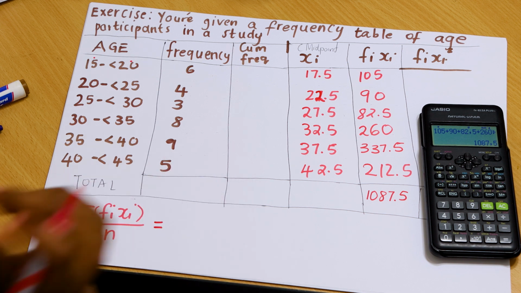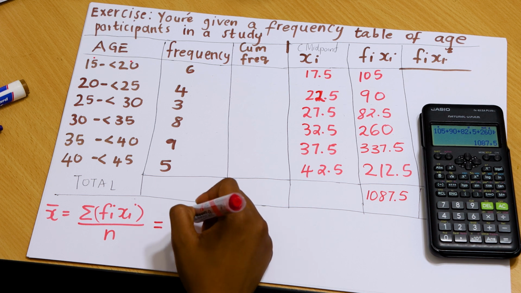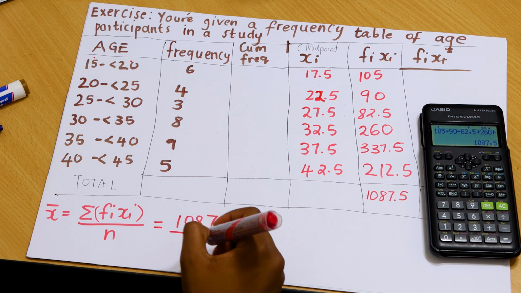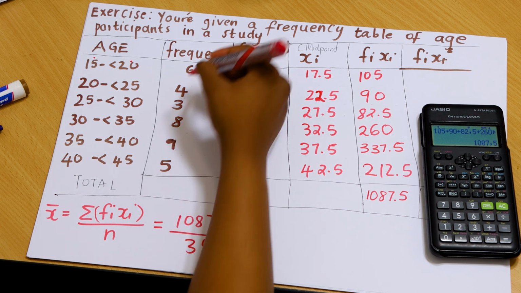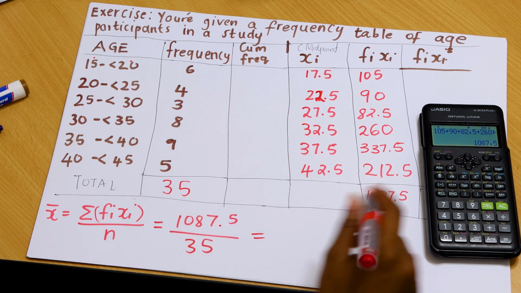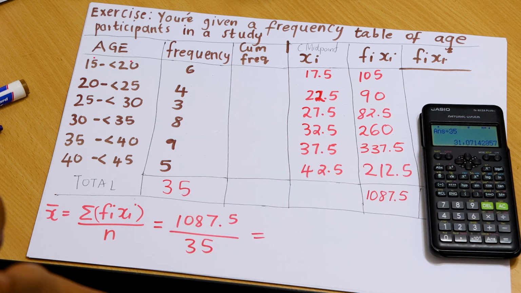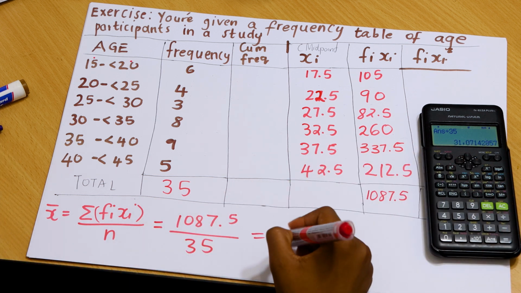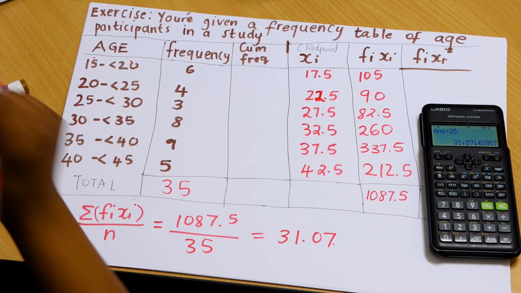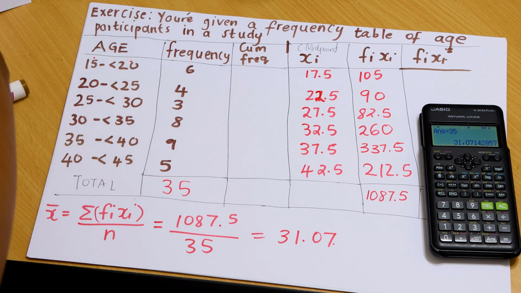Therefore, the mean would be given by 1087.5 divided by 35. By the way, 35 is the sum of all the frequencies. And that is 31.07. So that is our mean, 31.07.